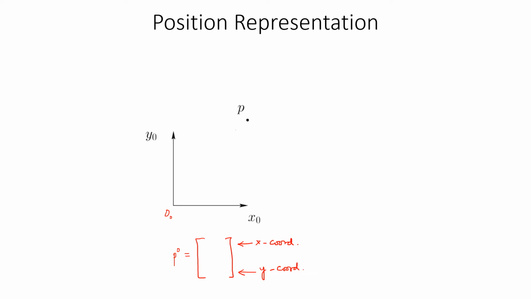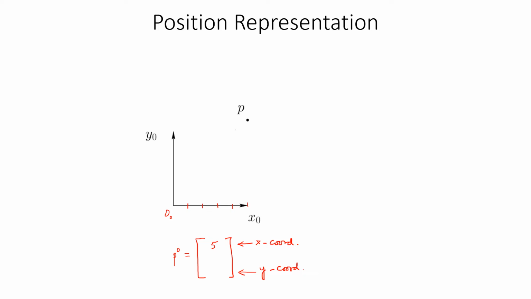Now in this particular scenario, if I use some appropriate scale, I can identify where the point P is located corresponding to the 0th frame, and that would be indicated like P0 equal to this vector, where the first position corresponds to the x coordinate, and the second location corresponds to the y coordinate. Using that appropriate scale, I can start counting how many units I'll go along the x direction. So let it be 1, 2, 3, 4, and I'm assuming that this is going to be 5 units along the x direction. So the x coordinate is 5.